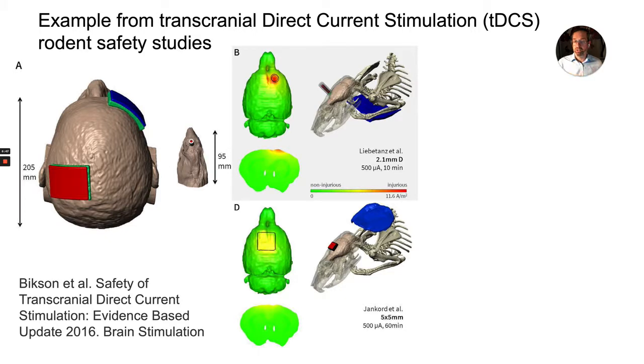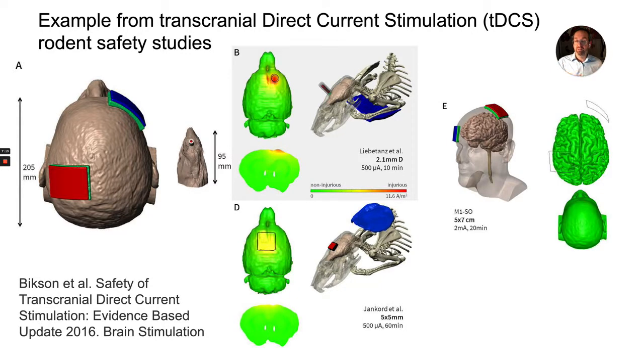The counter electrode is different between these two cases, and they use comparatively similar currents. However, the resulting electric field intensity in the brain was very different, as was the pattern. And so the point here is that there's a lot of nuance even when you're talking about specific animal trials and comparing within animal trials, never mind comparing to people.